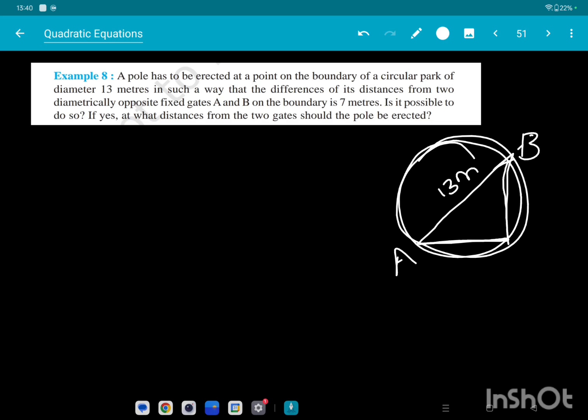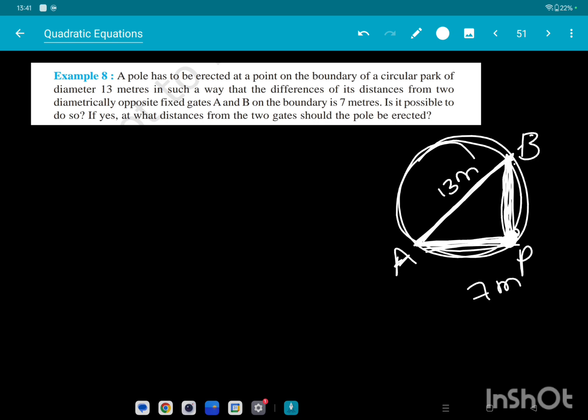So here P is the pole, and this pole is opposite to the diameter. Here let's say it is one of the boundary points. So this is the pole.